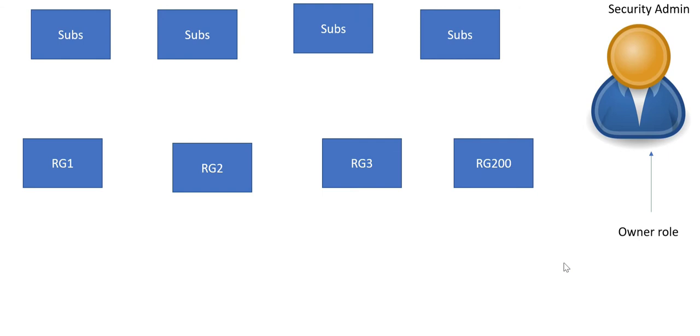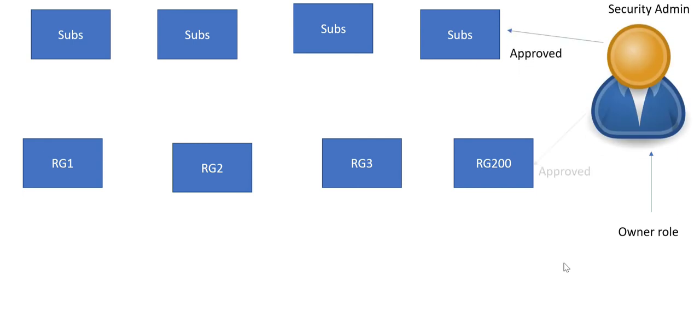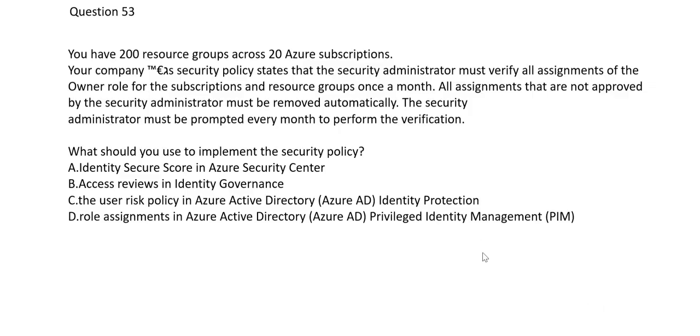If the security admin validates it and gives an approval, then it gets approved. If the approval is not given in time, maybe like 3 days or 5 days, then those resources are wiped out. And another scenario is if the security admin rejects, then also the resources or the subscriptions will be wiped out. Since we looked at the story, let's scan through the options.